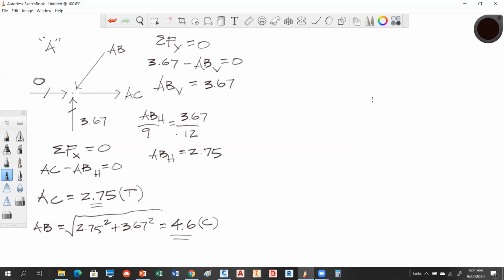You always want to go from a joint of information to a joint of no information, but you want to go to a joint that's going to be solvable, okay? You might run into a case occasionally where that's not real evident, but we're going to go to joint B.